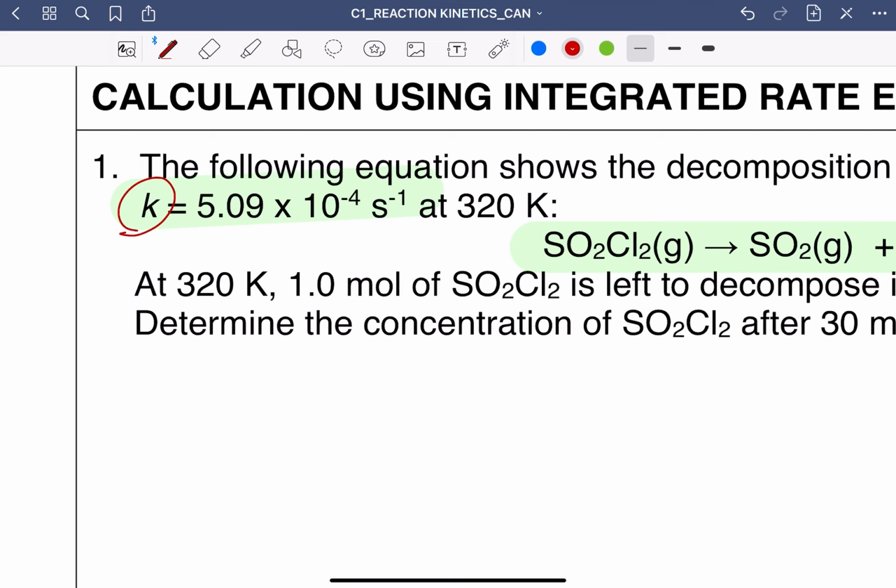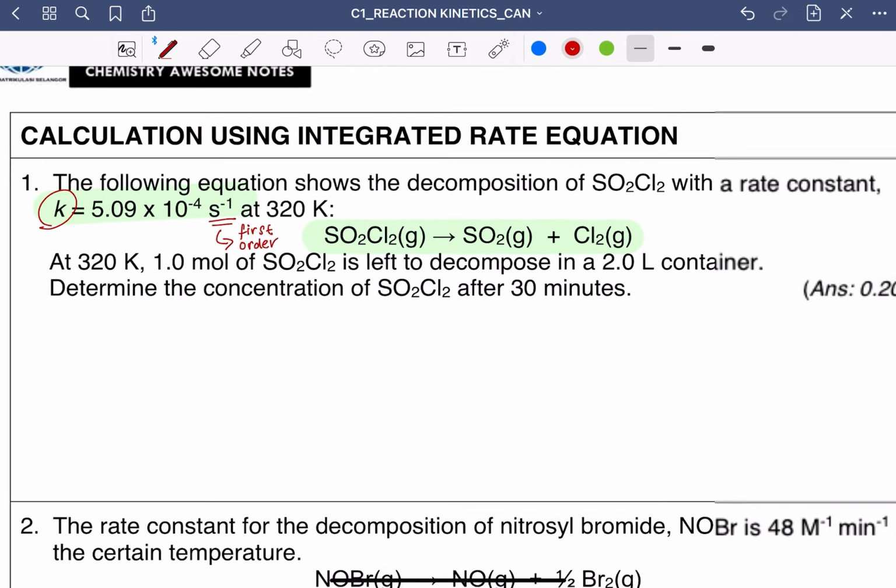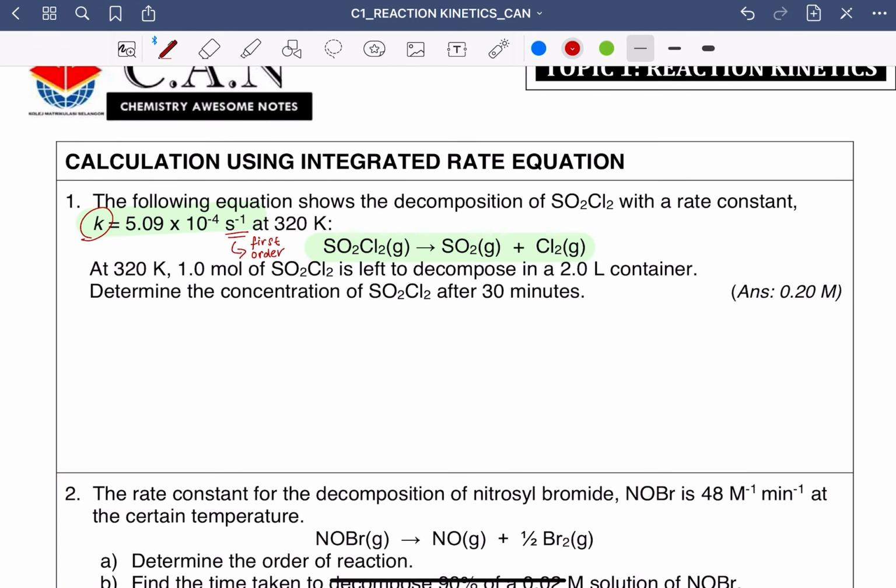Now look at the unit of the constant. The unit here is s^-1. In a previous video, I already mentioned what s^-1 is. So whenever you see the unit of the constant s^-1, this is referring to first order. So this is actually a first order reaction.